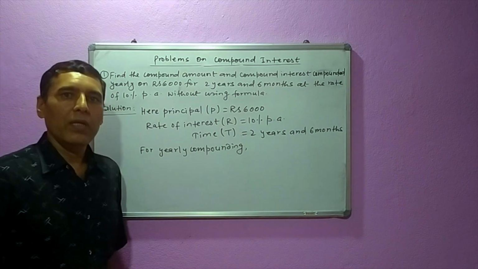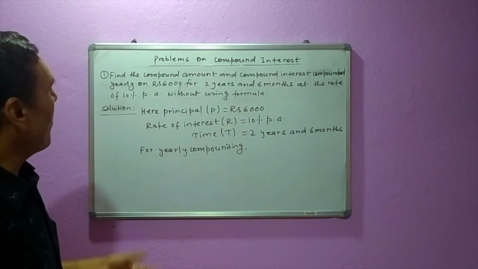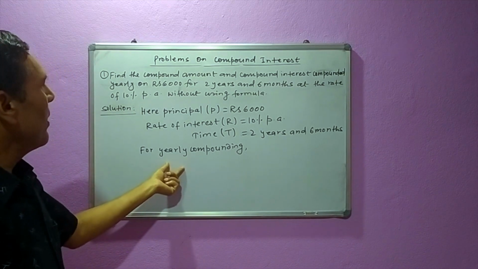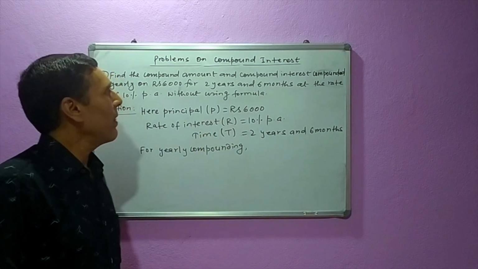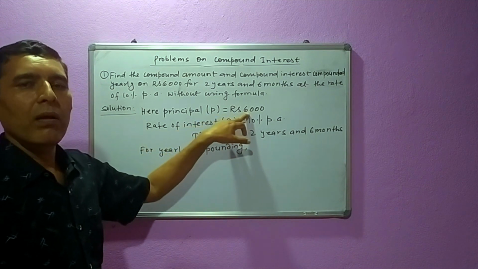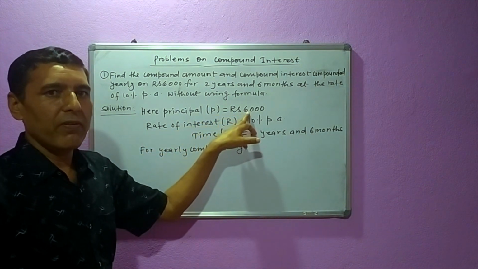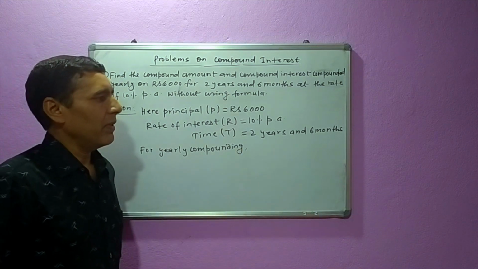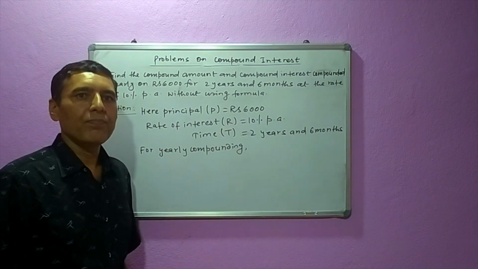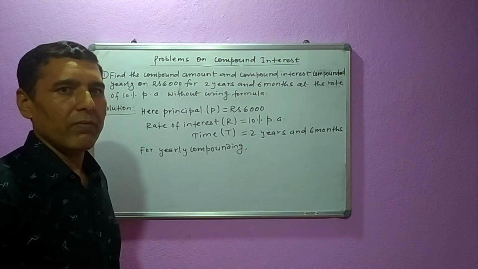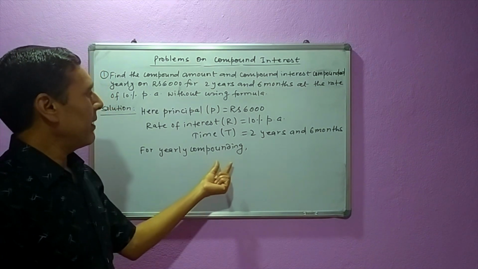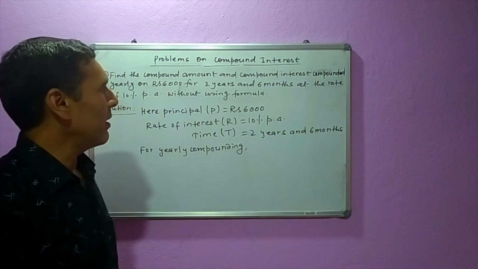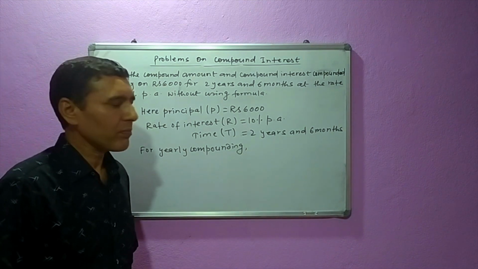what we do here for yearly compounding is we find the interest of the first 1 year, and this interest is added to the principal, and the amount is made the principal for the second year. Similarly, we calculate the interest in the second year, and we find the amount for the second year, and by taking this amount as the principal, we find the interest of the remaining 6 month time.